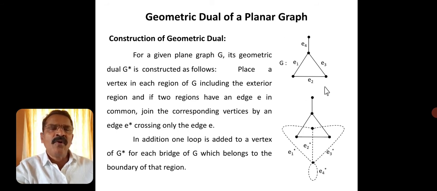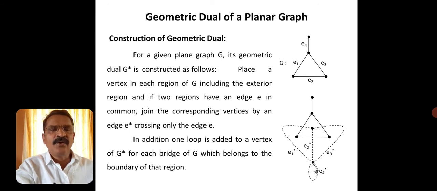Now in those two regions, we place a vertex. For example, this is the interior region, we place one vertex inside. Here you can see we have placed one vertex interior to the interior region, and we place one vertex in the exterior region. This is the point representing the exterior region.